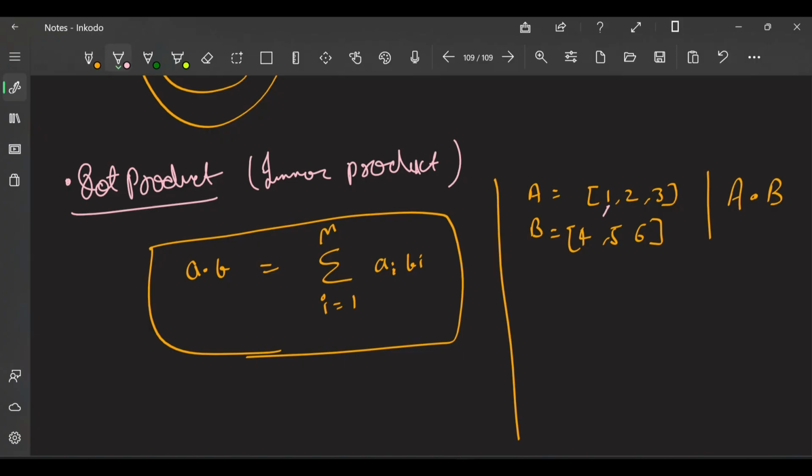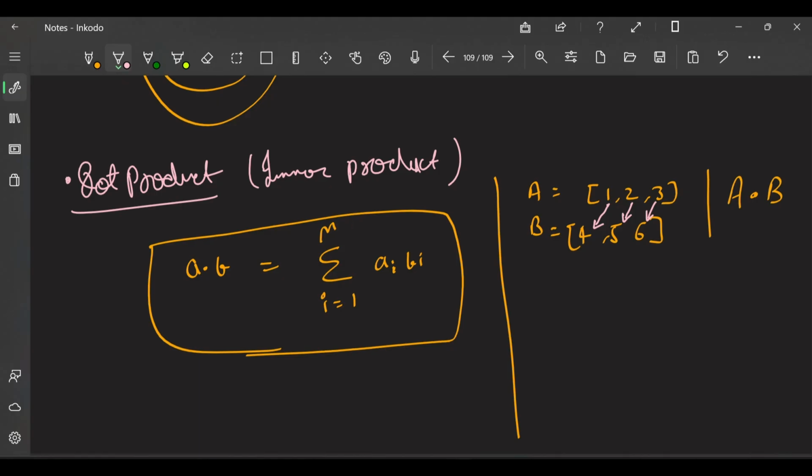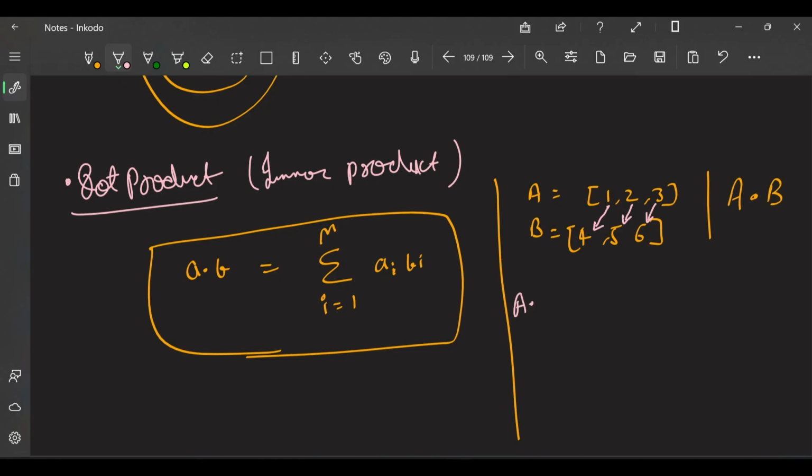So 1 will multiply by 4, 2 will multiply by 5, and 3 will multiply by 6. So A dot B is equal to 1 into 4 plus 2 into 5 plus 3 into 6. So we write the values as 4 plus 10 plus 18. What comes? 32. So 32 will be the value of A dot B. So this is how we find the dot product.